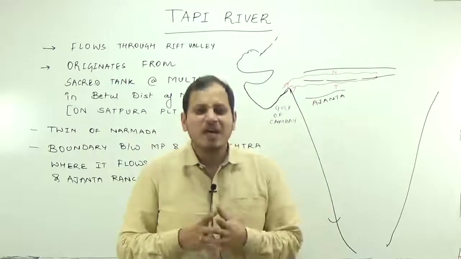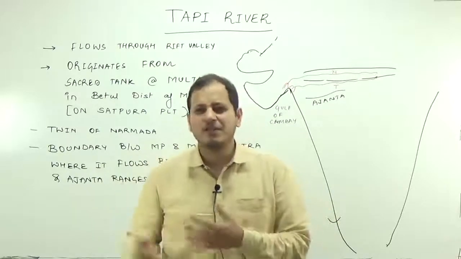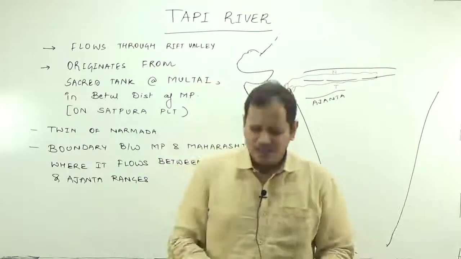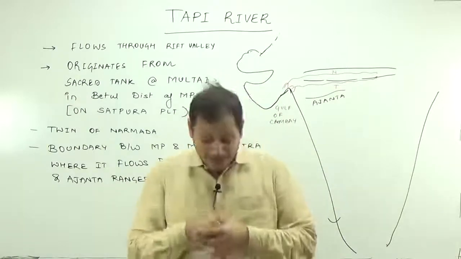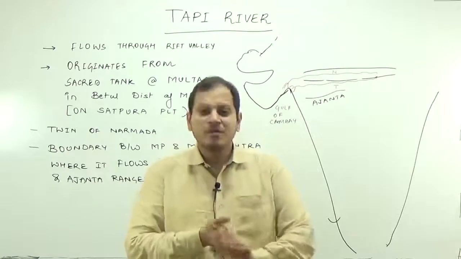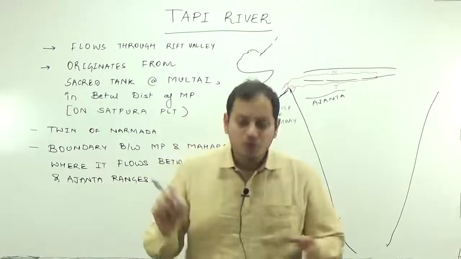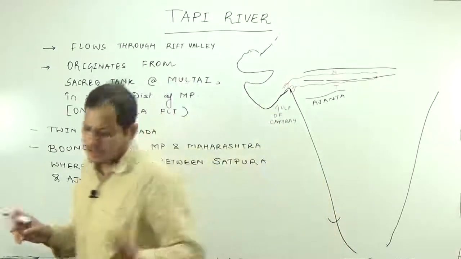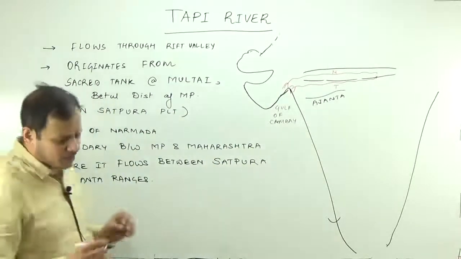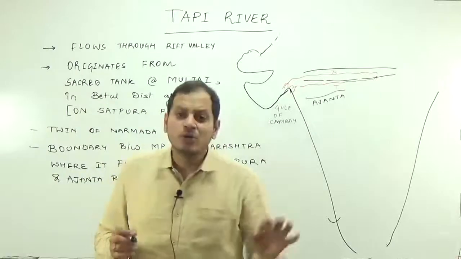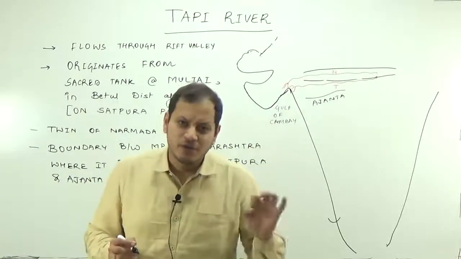Now, you don't have to remember any of the tributaries of river Tapi, because these questions are generally not asked in the examination. But at the same time, I will give you two smaller rivers which are the tributaries of Tapi. Remember the river Betul is one of the important tributaries of river Tapi.